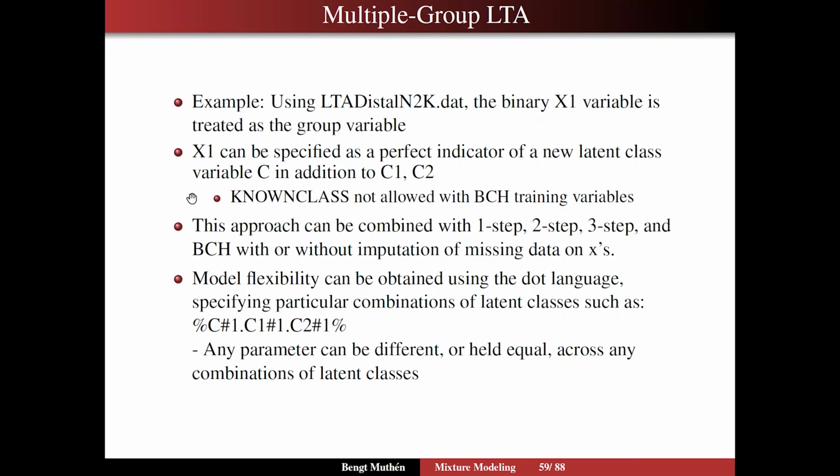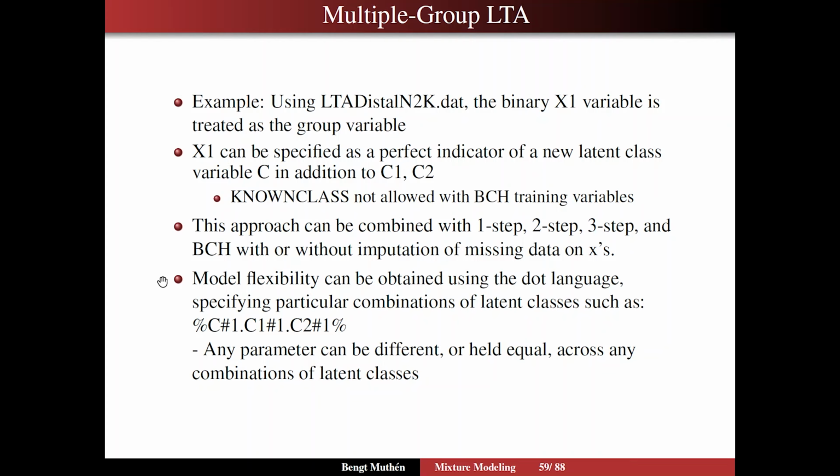Sometimes you can specify groups as known class in mixture modeling, but that's not allowed with BCH training variables. So we take this tack instead. And it's a good approach that can be combined with 1-step, 2-step, 3-step, and BCH with or without imputation of missing data on X's.